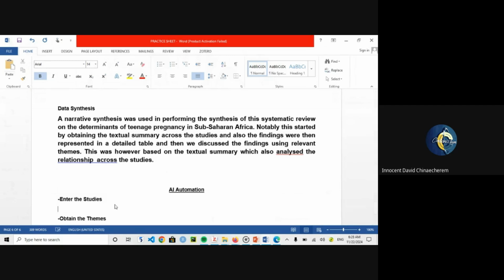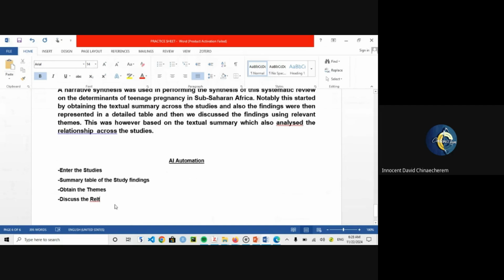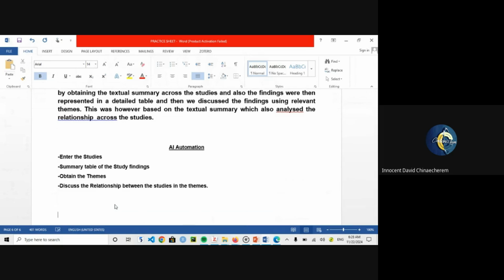We enter the studies, we get the summary table of the study findings, then we obtain the themes, then we discuss the relationship between studies. These are some of the things we perform when we start our AI automation.